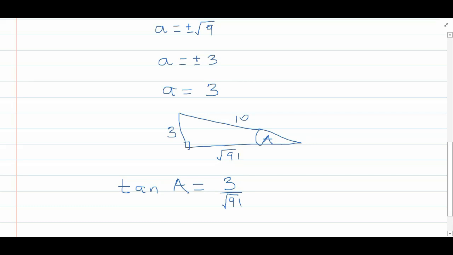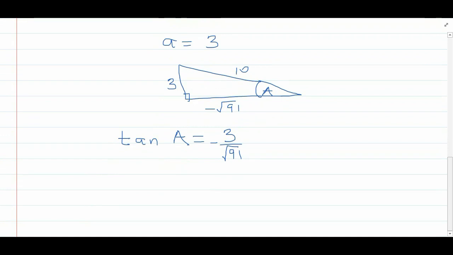And looking at the second quadrant, tangent is negative, so this will be negative. Or you can say this side is negative the square root of 91. That will also help.